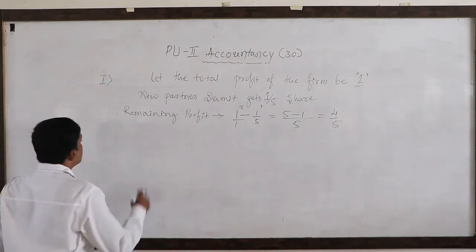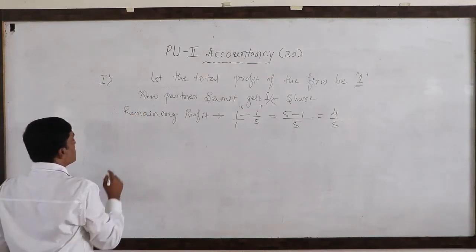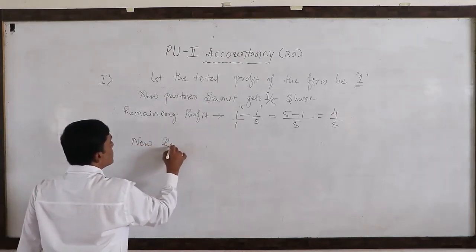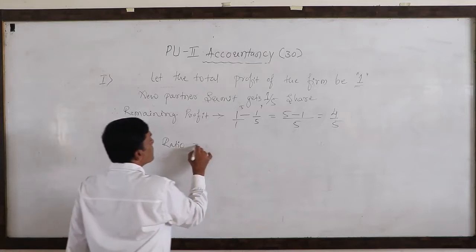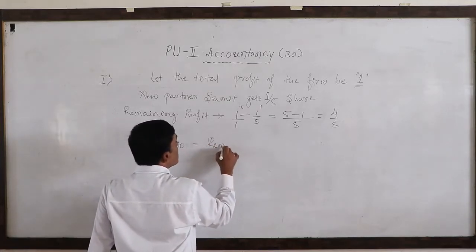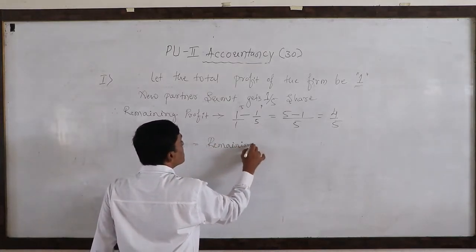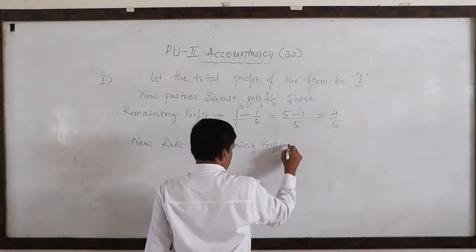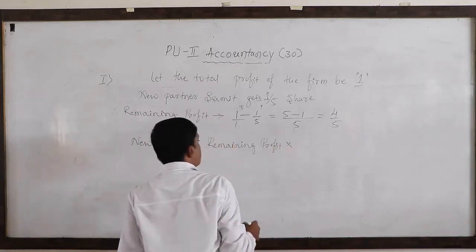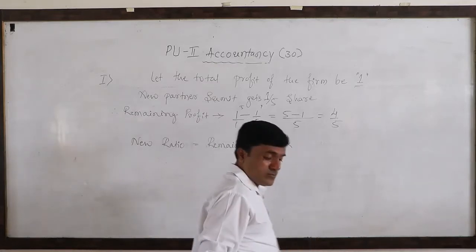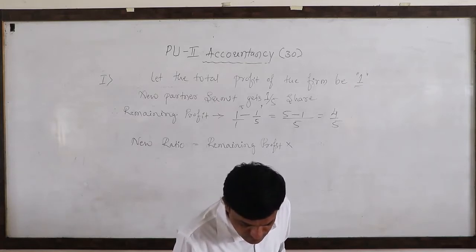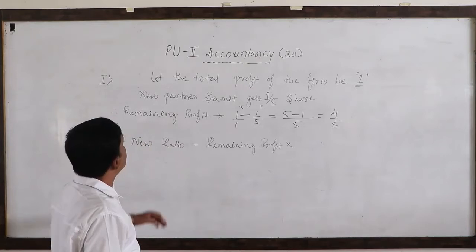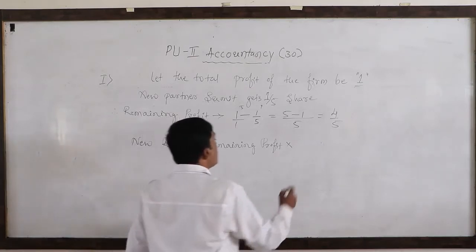Now let us ascertain the new ratio. New ratio is equal to remaining profit into, look here, this remaining profit is to be distributed among the old partners in their old ratio.